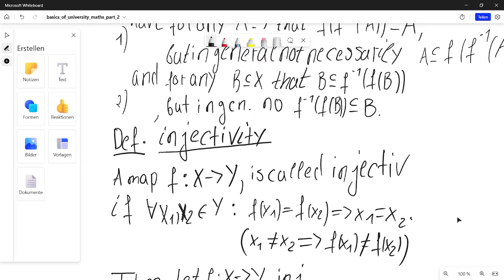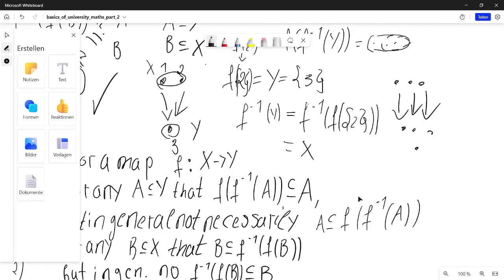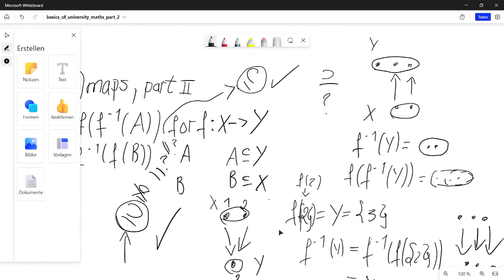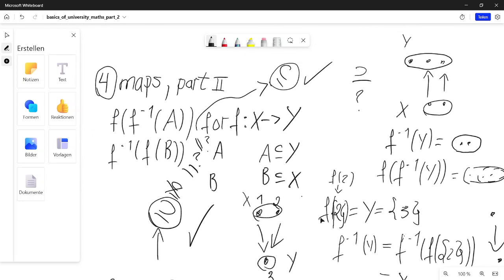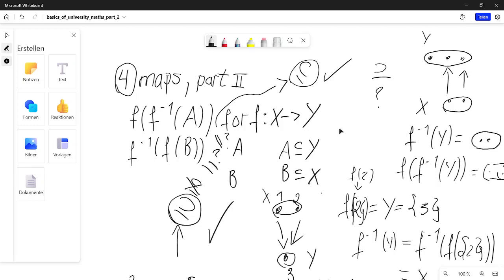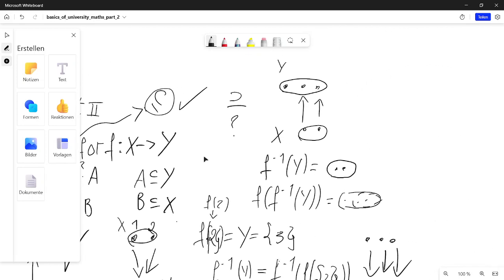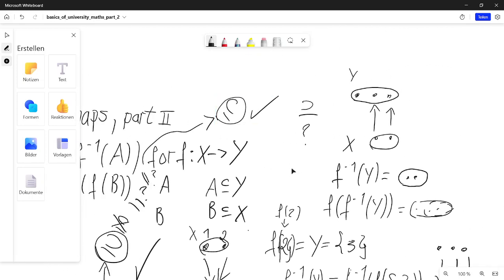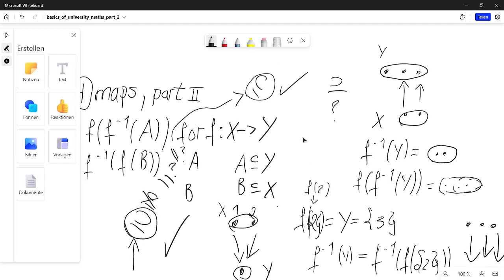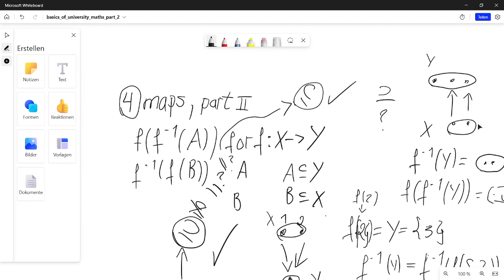Okay, well, now, of course, we would need to find the fix for this situation. Well, what was the problem here? You recall, this was always no problem, right? But this here was problematic. So when something was left alone without the thing being mapped to, then we had a problem.